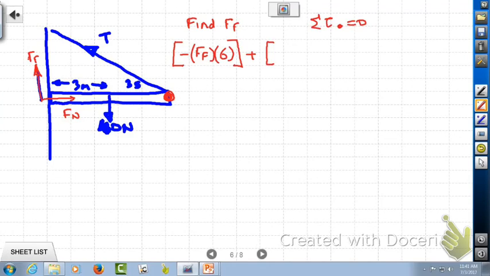Added to, we still have this 40, and that 40 is only 3 meters away. It's causing a counterclockwise torque, which is positive. So that sums to 0. So 6FF is equal to 120. So FF is equal to 20 newtons.